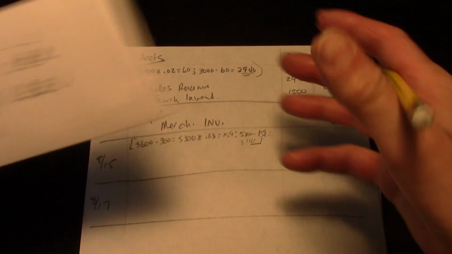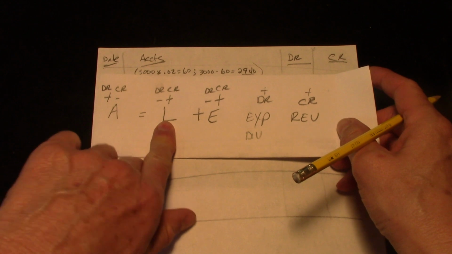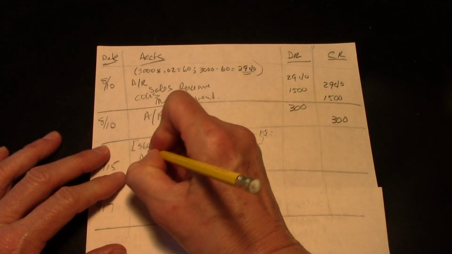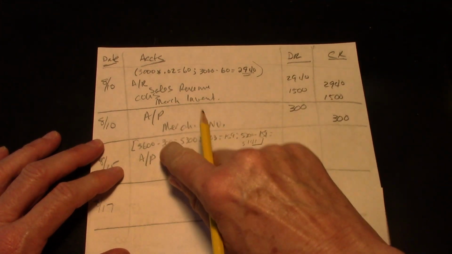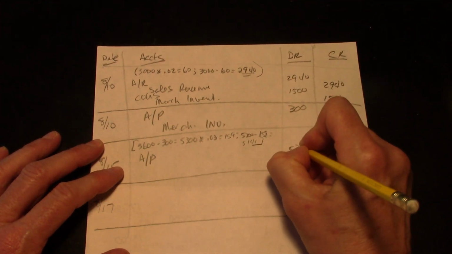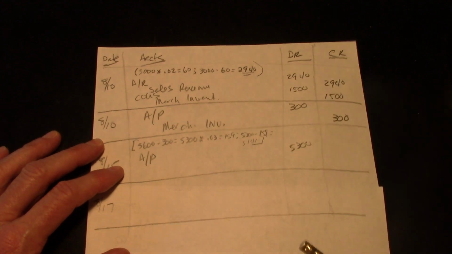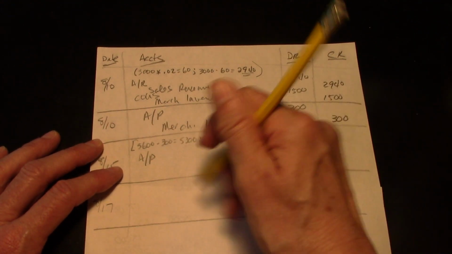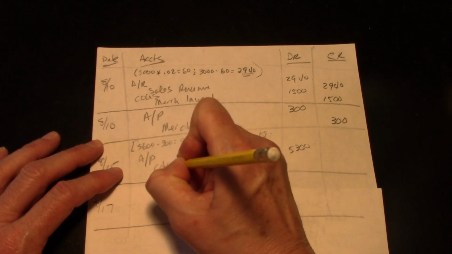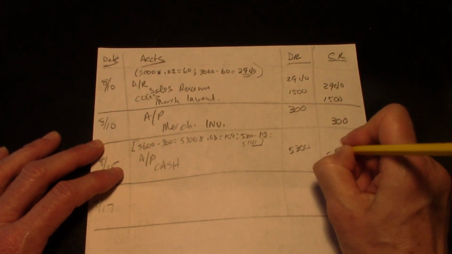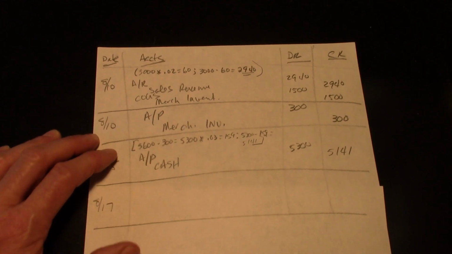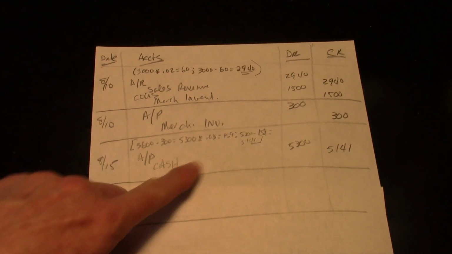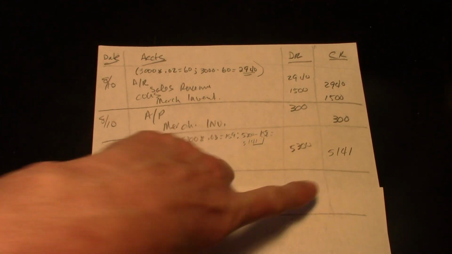So we're decreasing the liability accounts payable, so that's a debit. AP, and the balance on it is $5,300. That's what we owe. But we're not going to pay $5,300. We're only going to pay $5,141. And this has to balance.